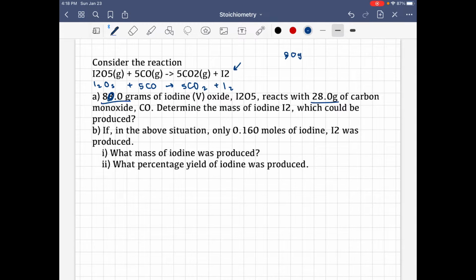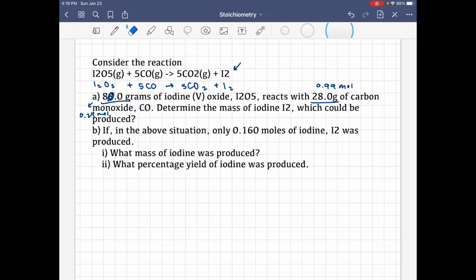So 80 grams of I2O5, 1 mole of this is our molar mass in grams, and you're going to get 0.24 moles. We're going to do the same thing for 28.0 grams of CO. You put grams on the bottom so that it can cancel out, so we'll be left with the number of moles.